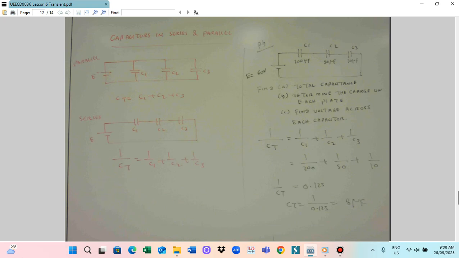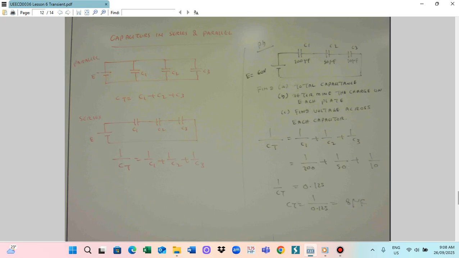And now what is the series? Here is the voltage source E, and capacitors C1, C2, and C3 are connected in series. For series connection, you have to calculate 1 by CT is equal to 1 by C1 plus 1 by C2 plus 1 by C3.